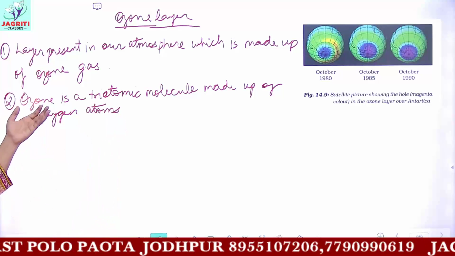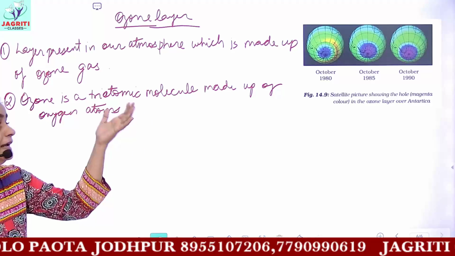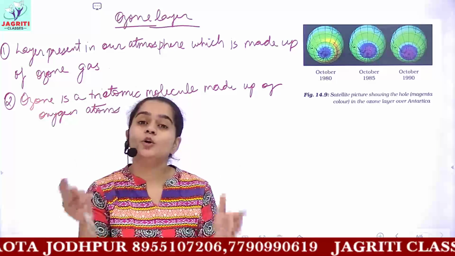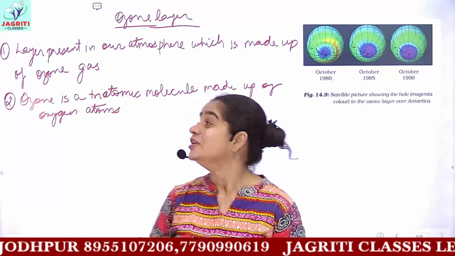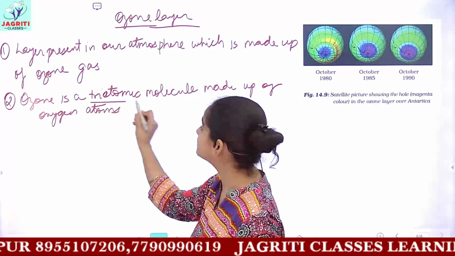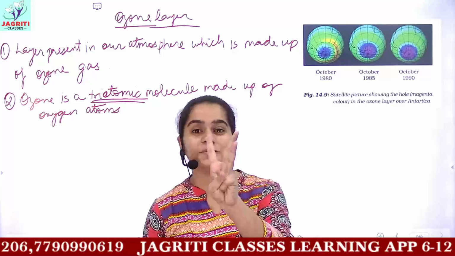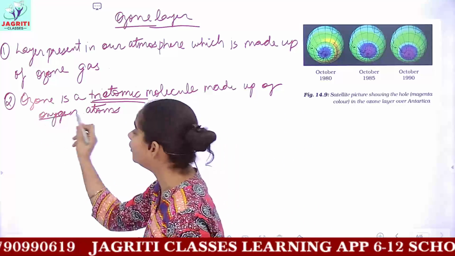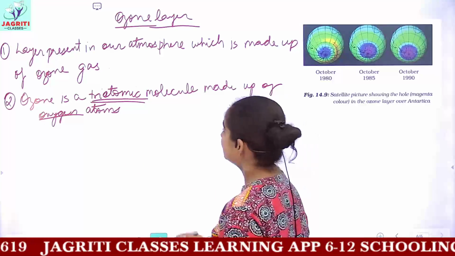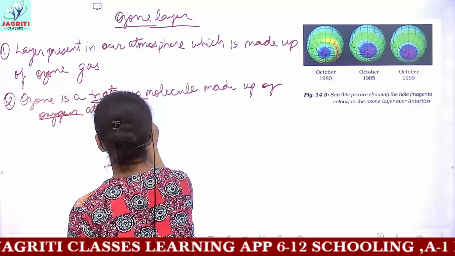Okay, so ozone is made up of oxygen atoms, and you know what a molecule is? A group of atoms is called a molecule. So in ozone, how many atoms are present? Triatomic means it is a molecule which has 3 atoms, and all the 3 atoms are of oxygen itself. So the formula for ozone is O3.